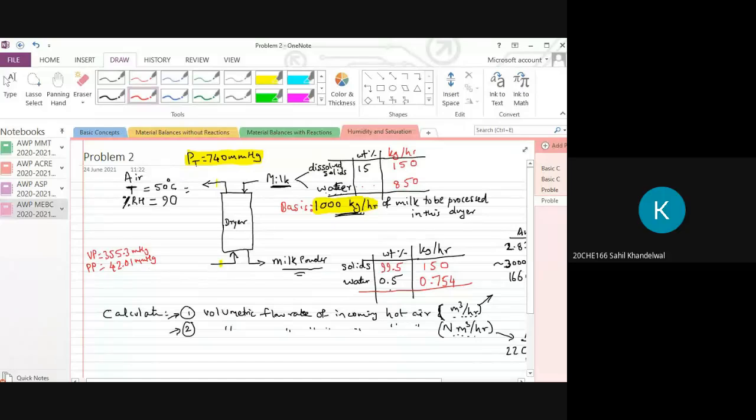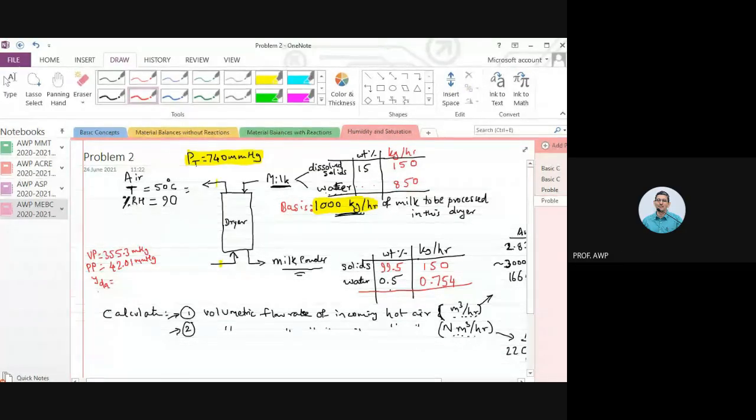So now mole fraction of hot air, mole fraction of dry air. Dry air or water vapor, or both? So dry air. Okay, how did you find that?